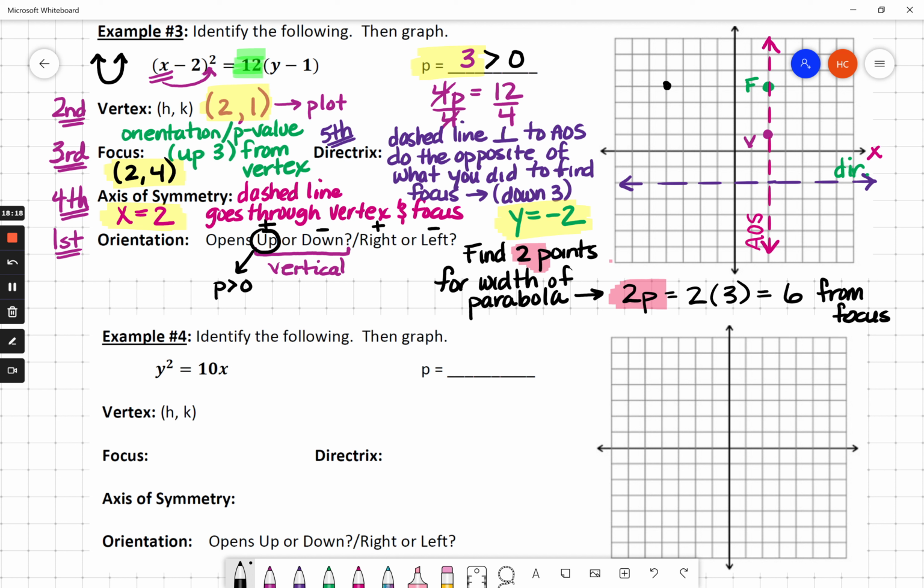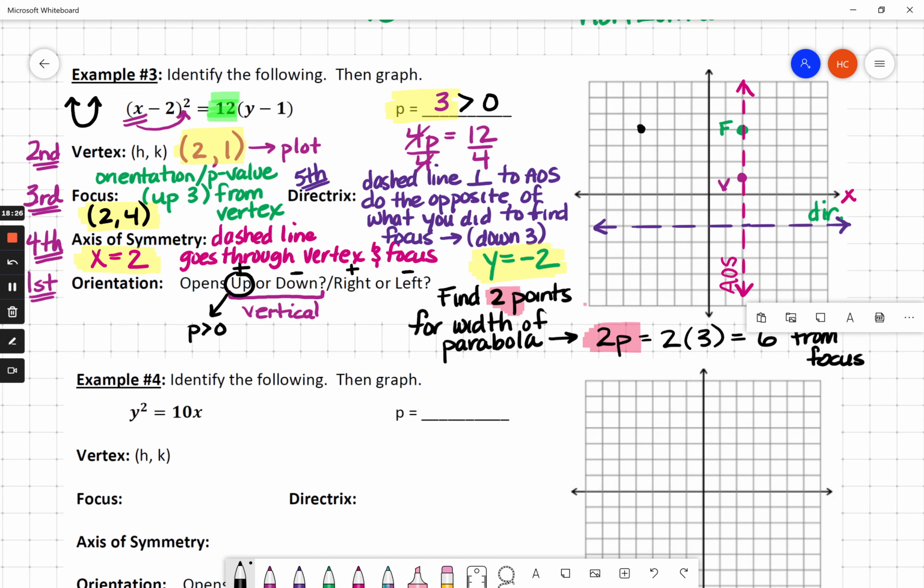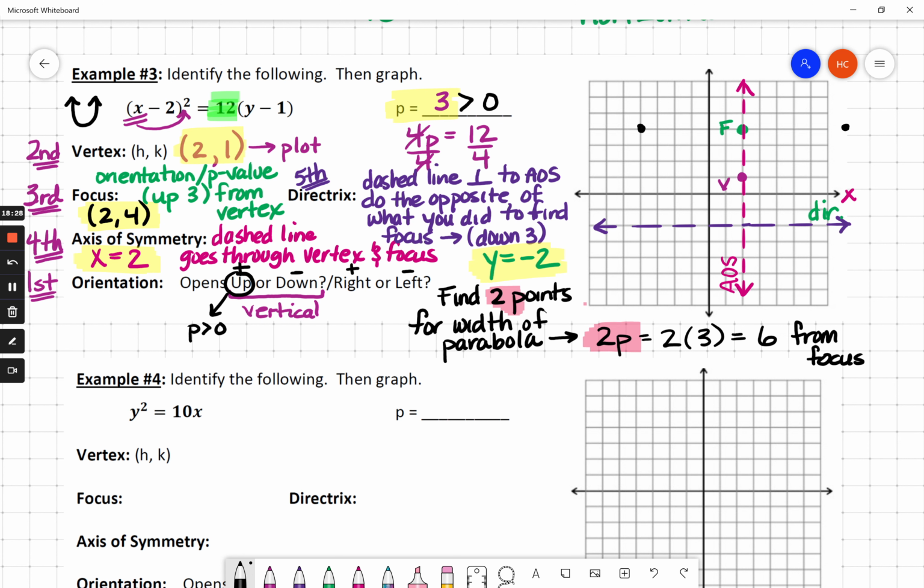And then I'm going to count 6 to the right, 1, 2, 3, 4, 5, 6, around right here. And now I have established how wide my U-shaped graph is going to be. So from the vertex, I'm going to graph towards the point on either side.